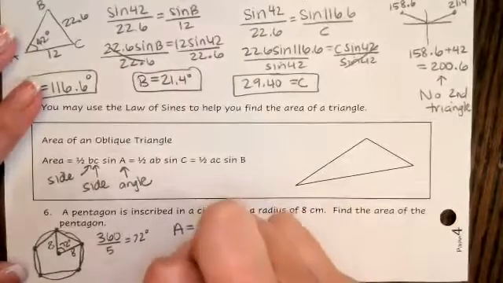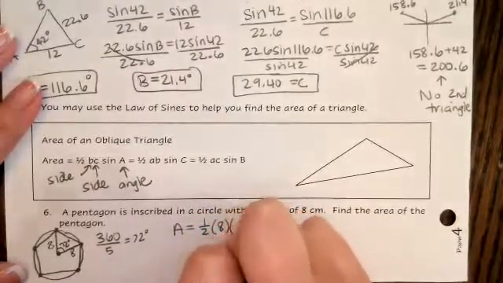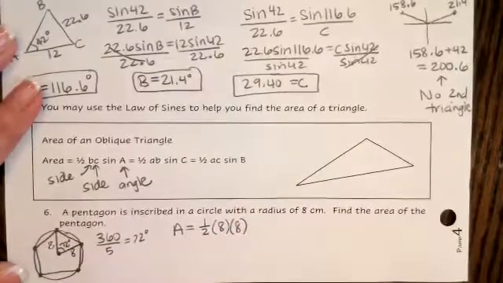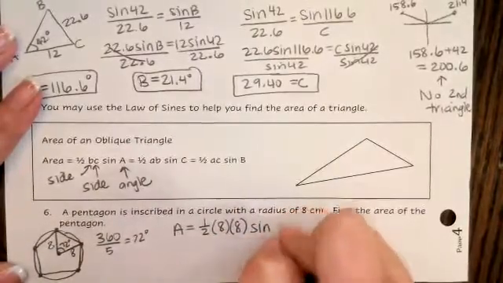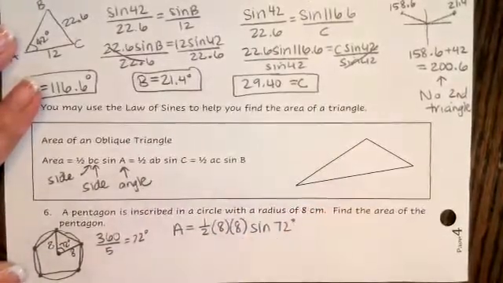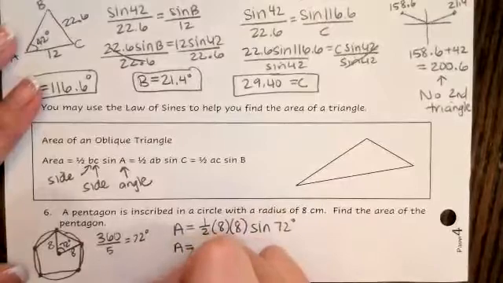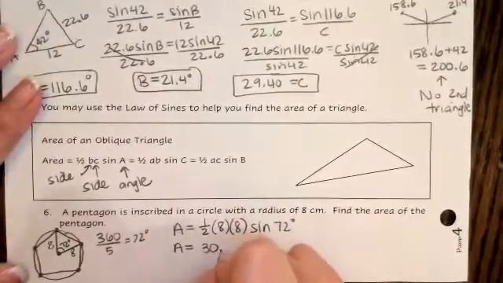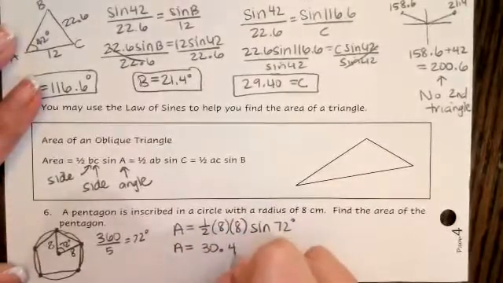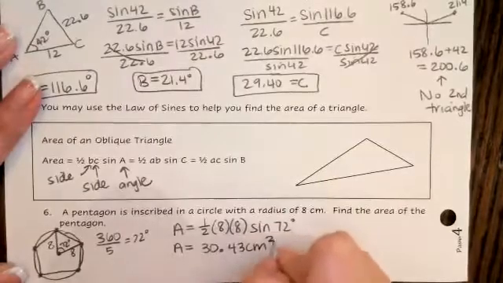So I get 1/2 times my side of 8 times my side of 8 times the sine of the angle, which is 72 degrees. See, it's not that hard because you could put that in the calculator. So you type that into the calculator, again in degree mode, and we get 30.43 centimeters squared.